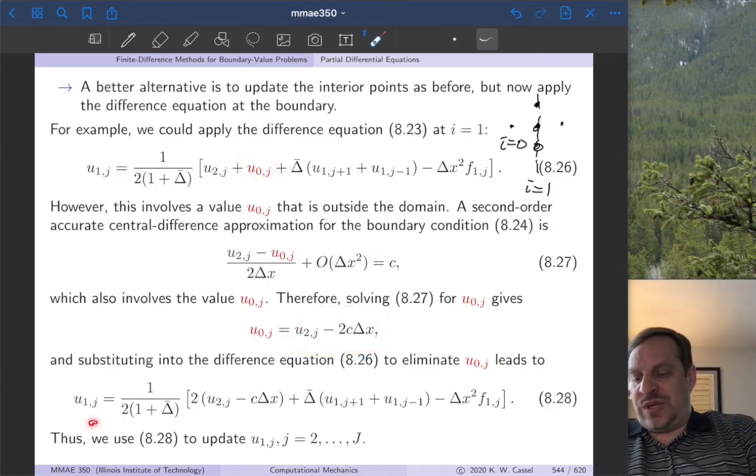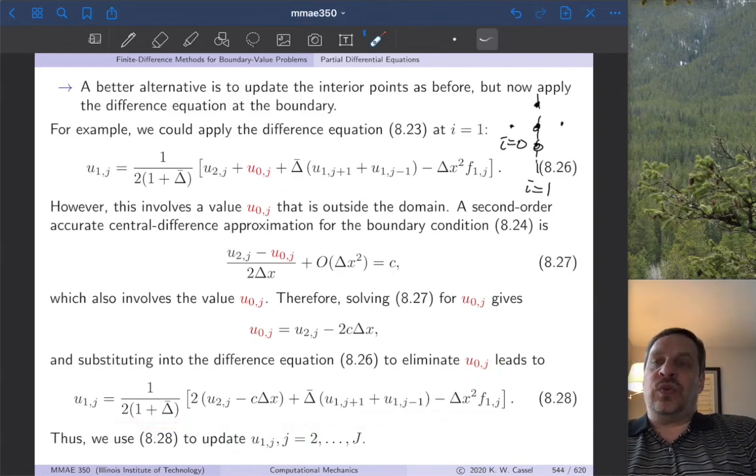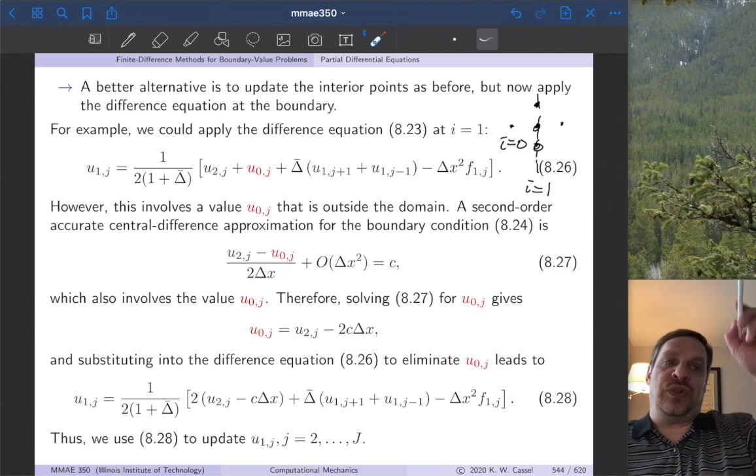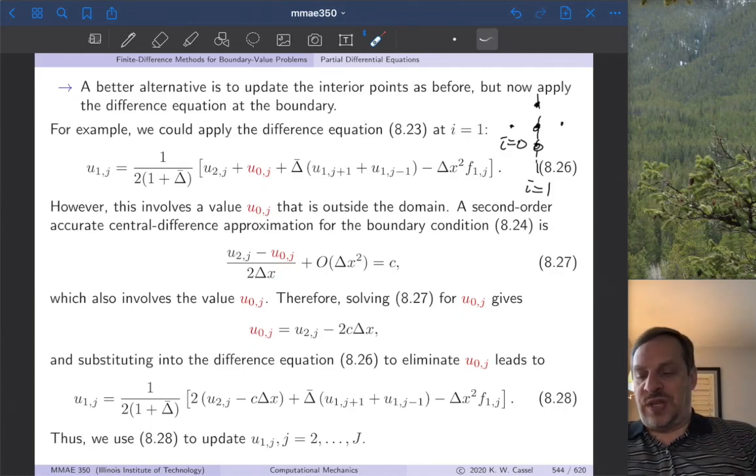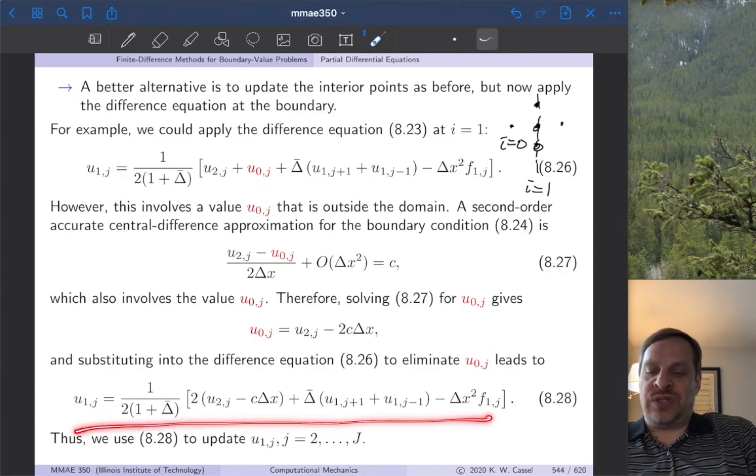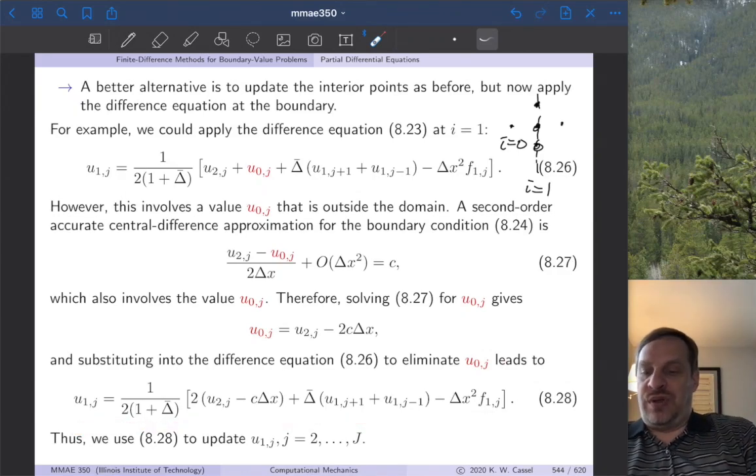So when we do that, we get this as our expression for the difference equation at u1j, along that left boundary when i is equal to 1. So we have a version of the difference equation that applies in the interior, and now we have a separate version, which has been particularized for the left boundary. And so you just sweep along that left boundary, i is equal to 1, j is 2 to capital J, and use this equation to update those boundary values.